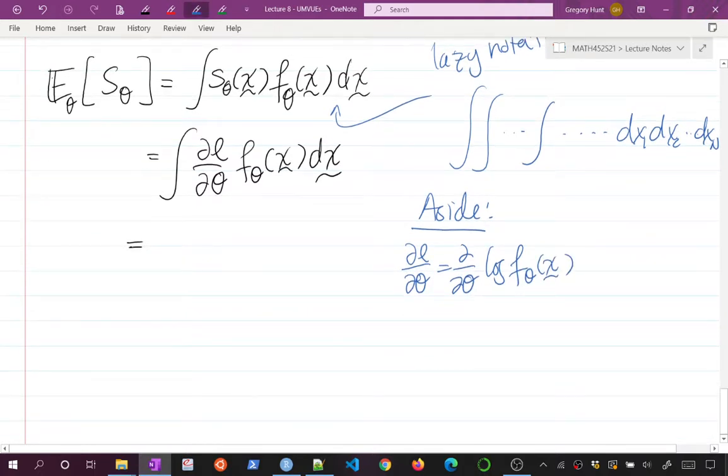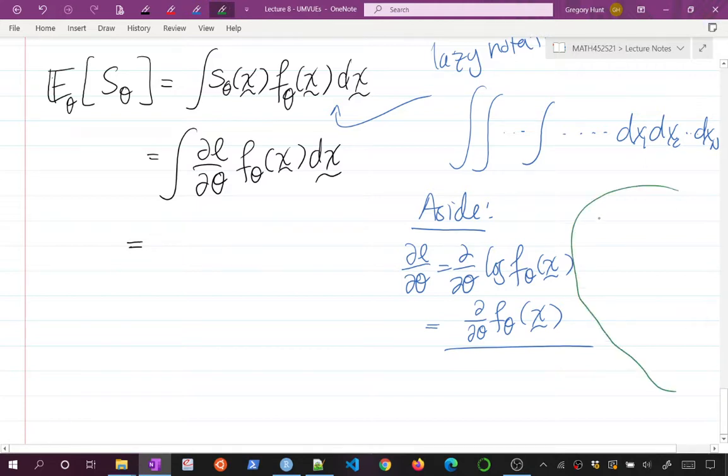Of course, there's a chain rule, so it's going to be the derivative dd theta of the inner part, f theta of x, over, well, what's the chain rule for, say, ddx of log u of x?